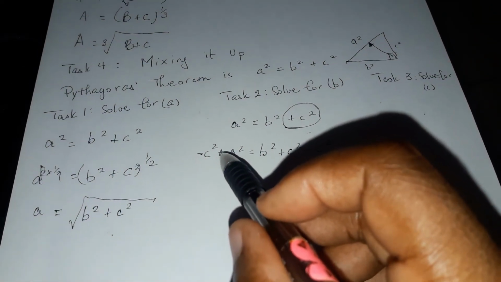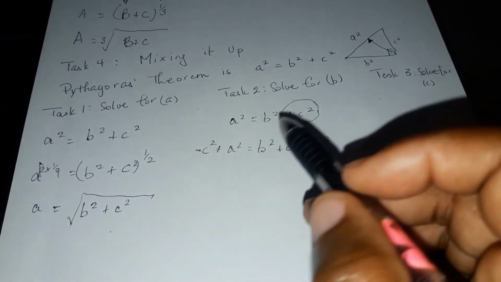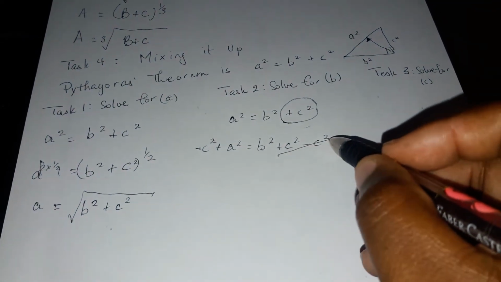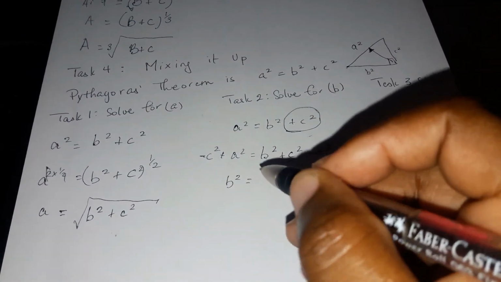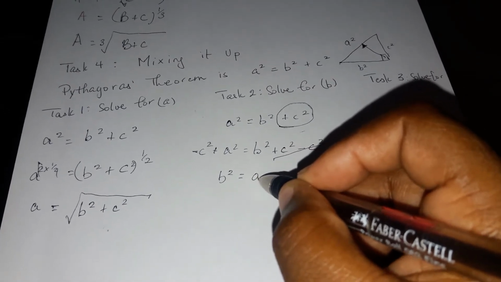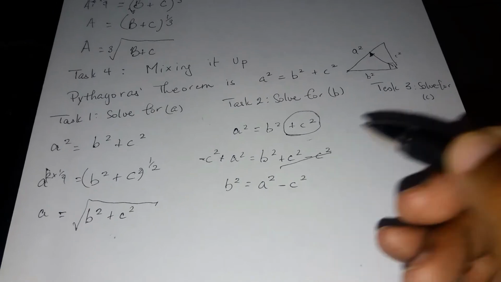I put the negative sign here simply because a is positive and c is a negative entity. So you cancel here. We could flip it to the next side and write it in a way that looks pleasing to the eyes. So you could write b squared equals a squared minus c squared.